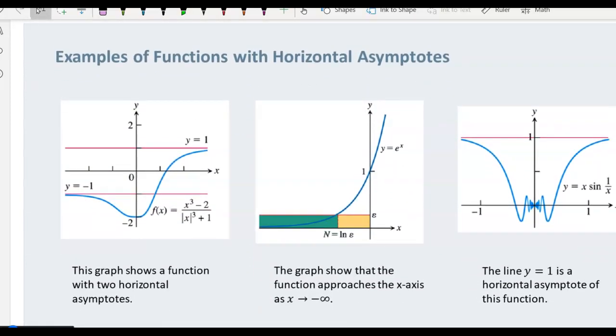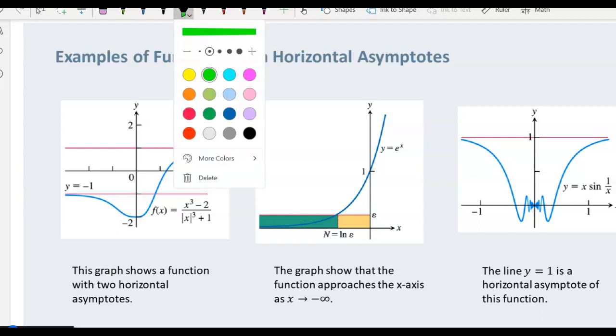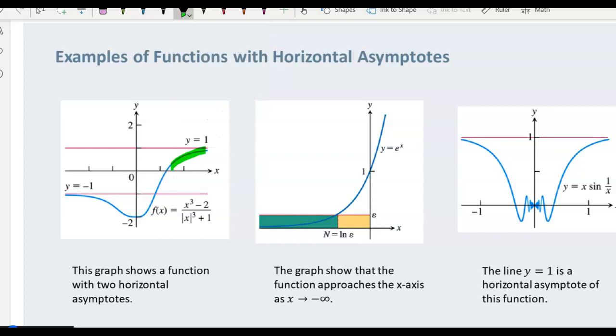Here are a couple of unique examples, different to ones you may have seen in the past. The first one is interesting because it actually has 2 horizontal asymptotes in the same graph. You can see that one is approaching from the bottom here, and then this other one's approaching from the bottom here. So this is just kind of an interesting graph in the way that it's got these two asymptotes.